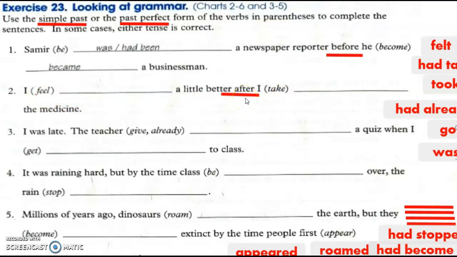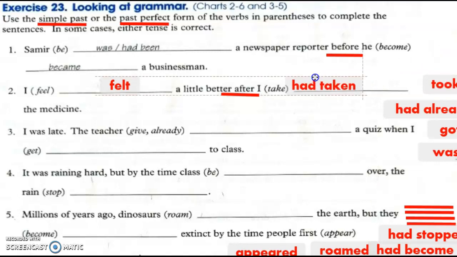Surely you can see that, first of all, I took my medication and then I felt better. So the verb take is older. Therefore, the verb feel should be in the simple past and the verb take should be in the past perfect.